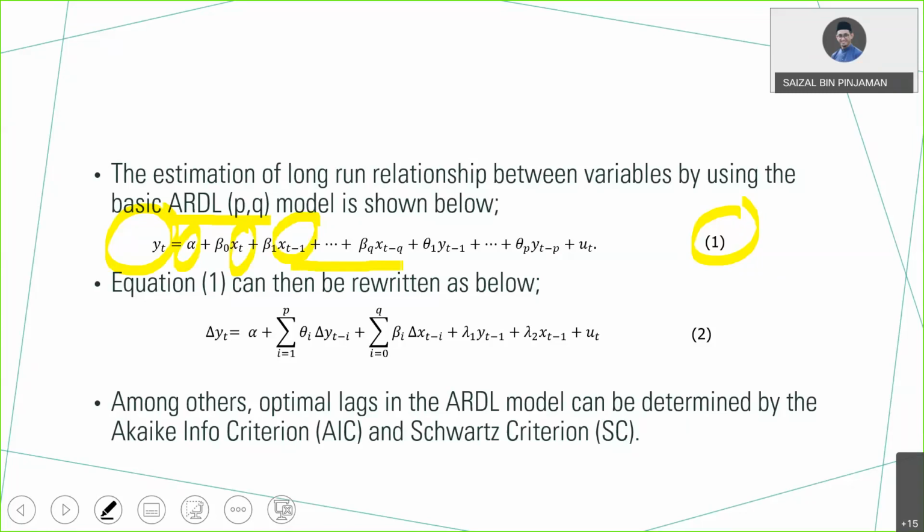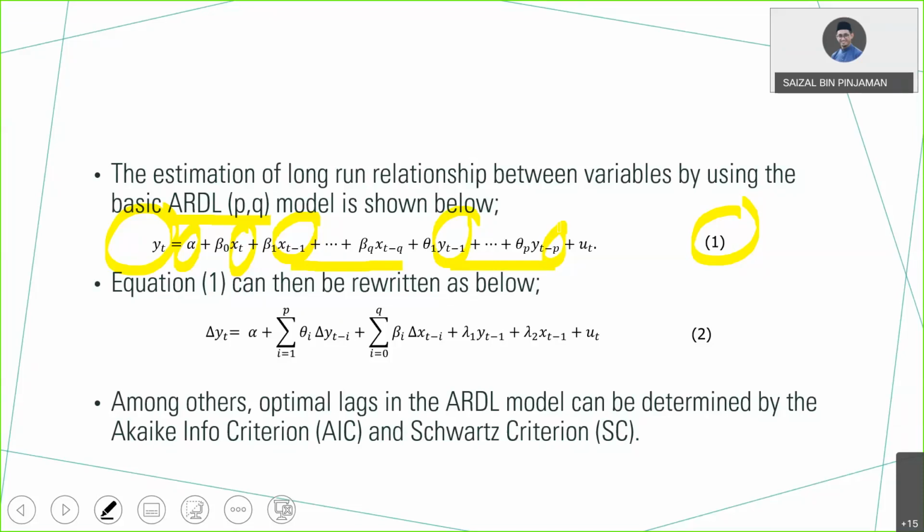Apart from that, in the ARDL model, we also include the lag values of the dependent variable itself, which is in this case y, from lag 1 to lag p. So this is the reason why we call this model the autoregressive distributed lag.